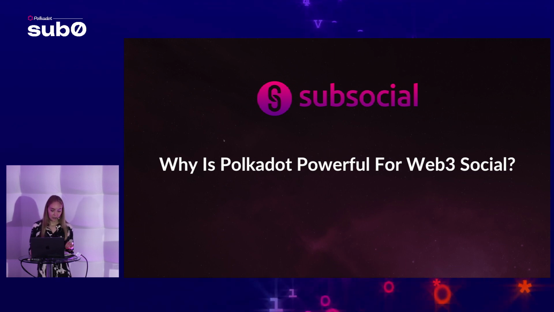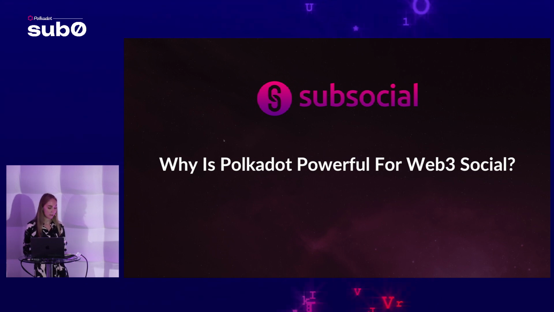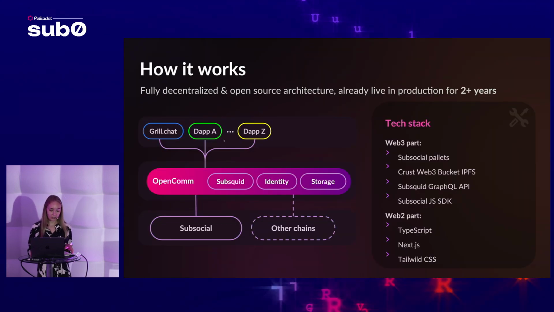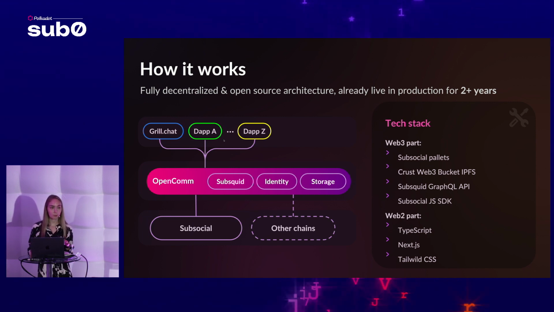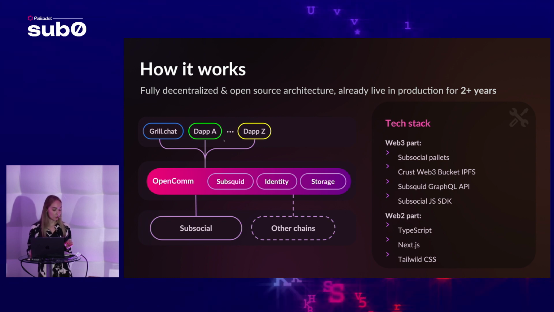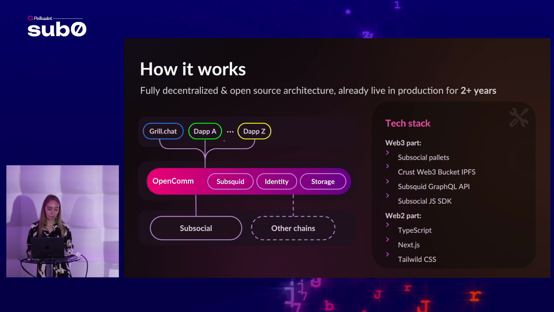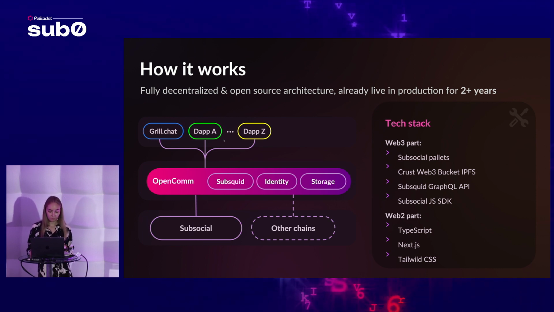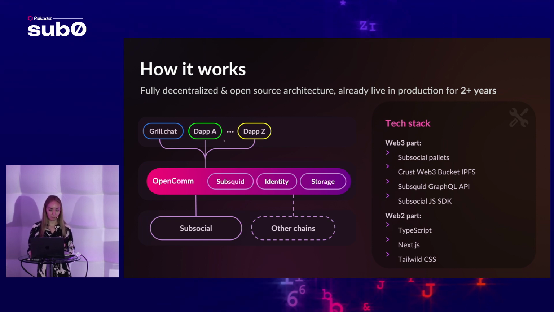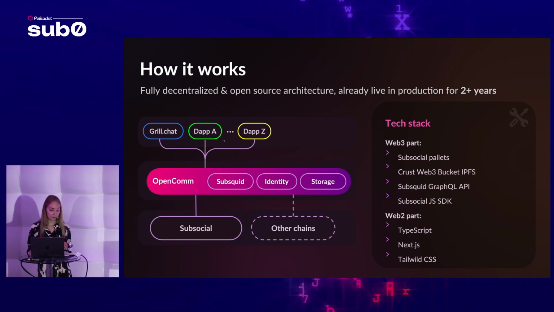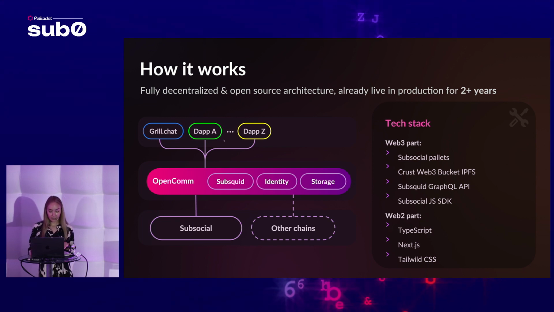And next, let's move on to talking about the parachain design for social use case. How does it work? At the lowest level, we have the Subsocial parachain, which provides a set of models, social primitives. Further, based on Subsocial, the OpenCom protocol is built, which consists of an SDK to facilitate interaction with the protocol, a SubSquid indexer, which allows apps to easily extract data from the chain, and storage.